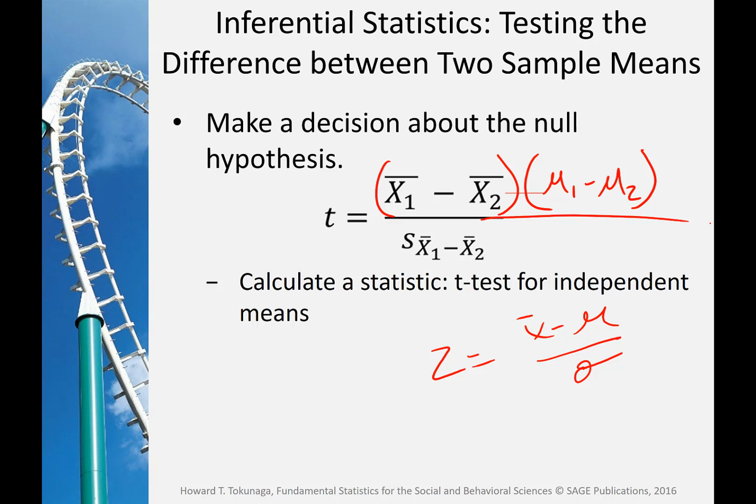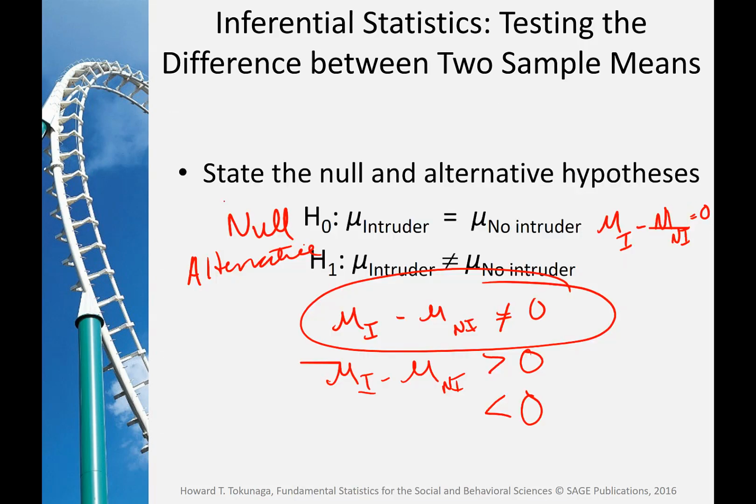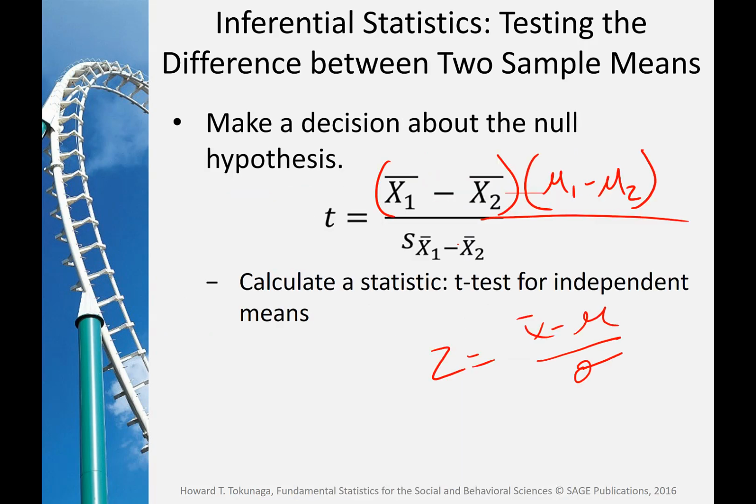It is 0, right? According to what? According to the null hypothesis. So that's why we're not going to try to confuse you by putting this in here, because we expect it to be 0.